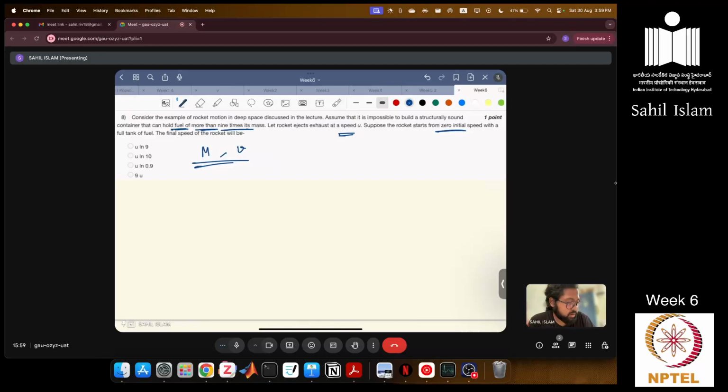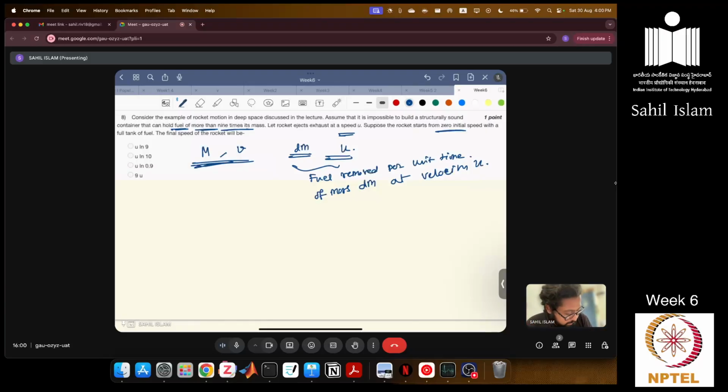It removes fuel of mass dm at speed u, so this is the fuel removed per unit time, with mass dm at velocity u. And this is the original mass.